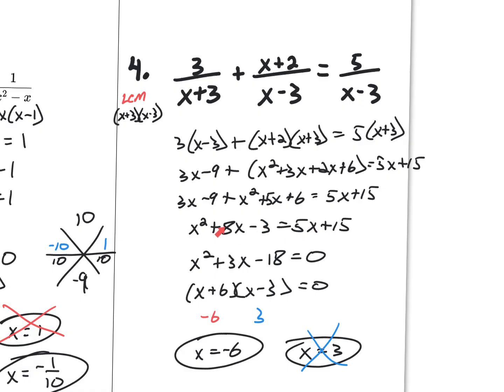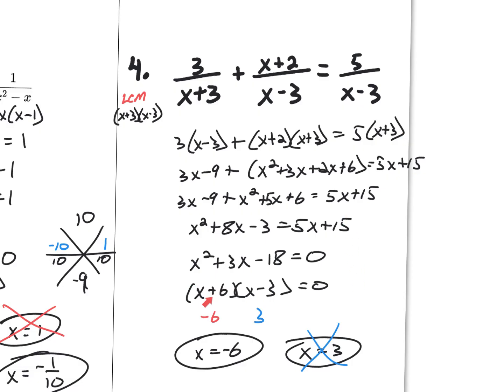Then I got everything on the left side by setting it equal to 0. I subtracted 5x from the right side and from the 8x on the left and got 3x. Subtracted 15 from negative 3 and got negative 18. Then I factored this trinomial into x plus 6, x minus 3.